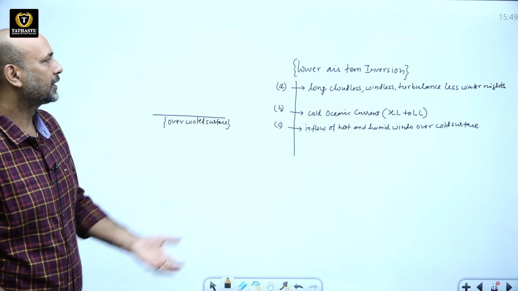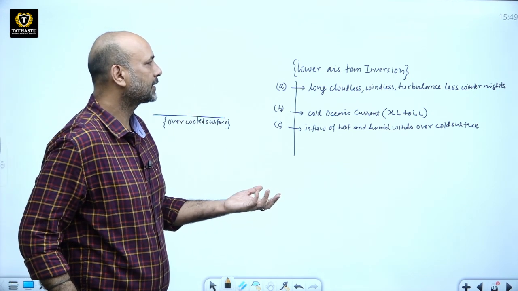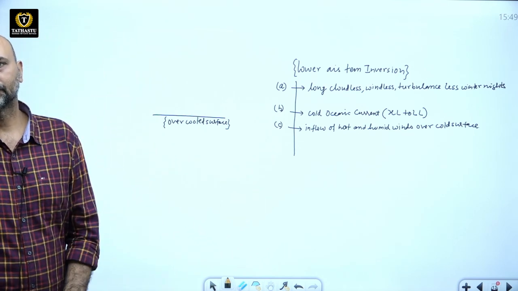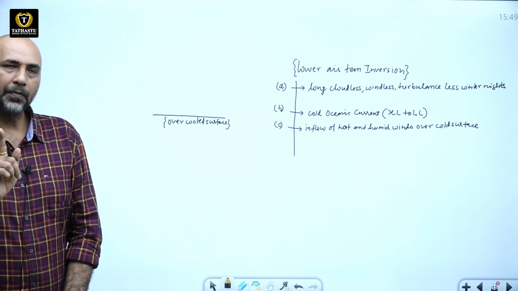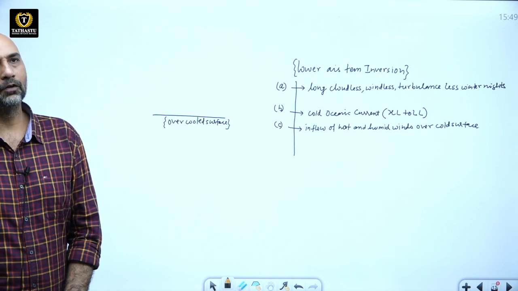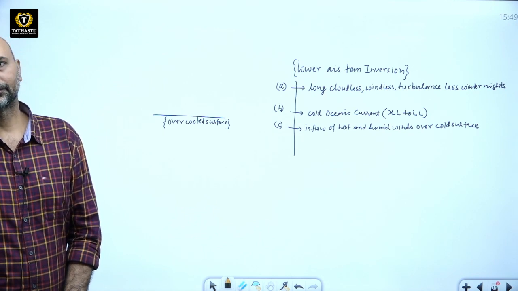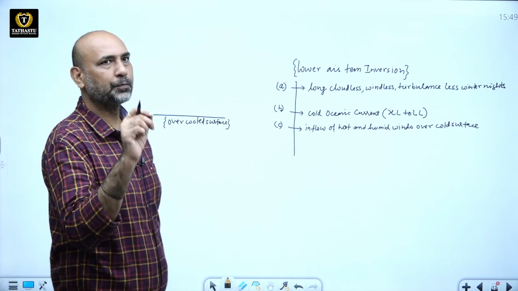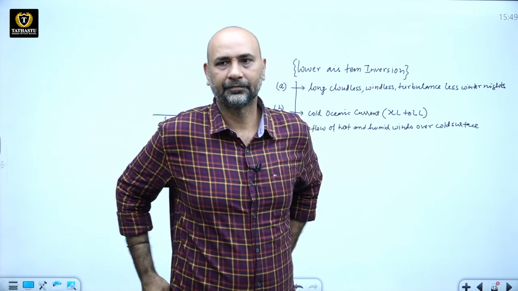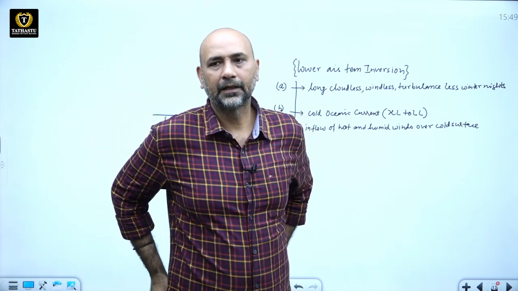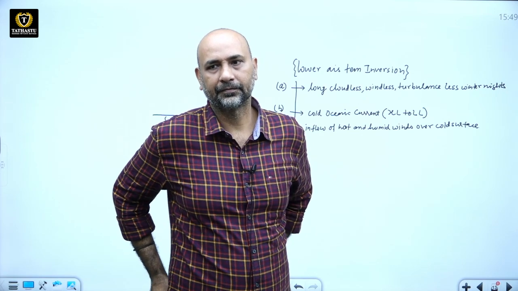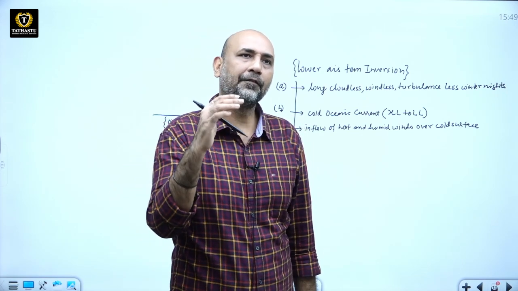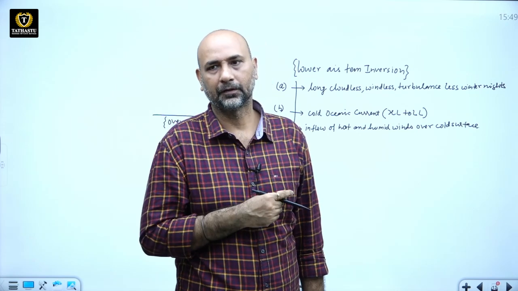In the long winter nights, which are windless, turbulence-less, cloudless, continental surface is cold. One property of the air you are required to remember: air is a poor conductor of heat. So, flow of heat from air to air is poor.